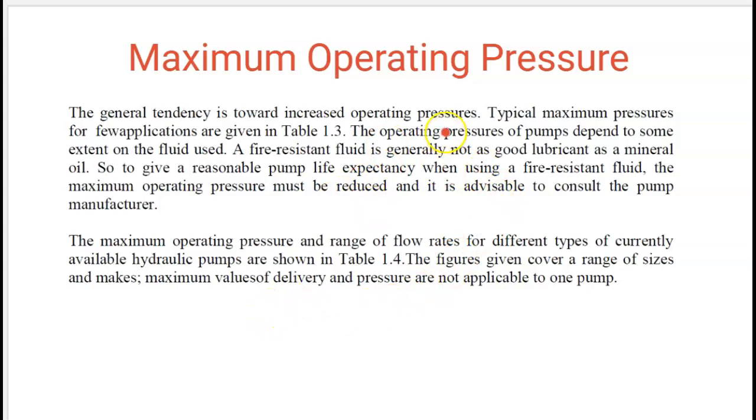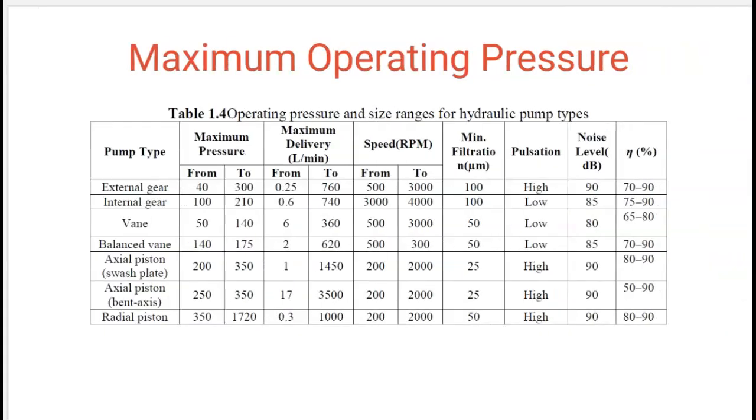Now, then we have the maximum operating pressure and the range of flow rate. I will show you a table. This is the maximum operating pressure. So different types of pumps here: external gear, maximum pressure from 40 all the way to 300. The delivery in liters per minute is from a quarter of a liter to 760 liters.